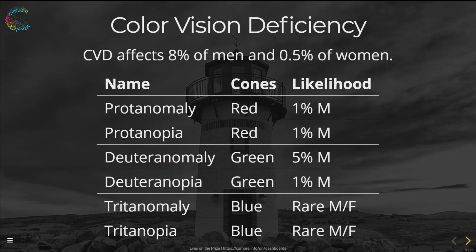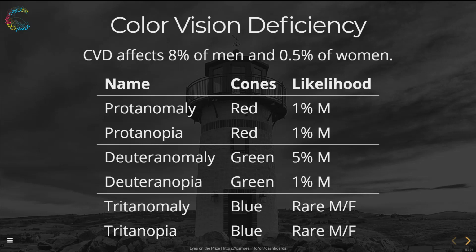Another thing I want to talk about is color vision deficiency. This affects about 8% of men and 1/2% of women. There are 3 key types of color vision deficiency: protanopia, deuteranopia, tritanopia. Protanopia is a lack of red cones. Protanomaly is weakened red cones.